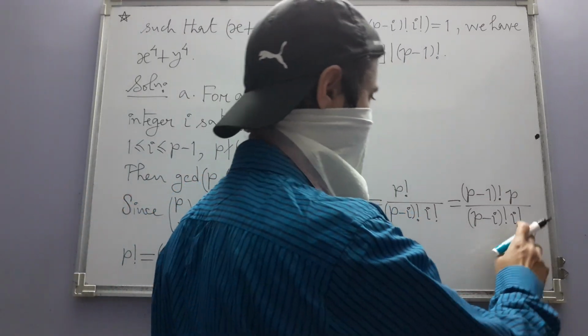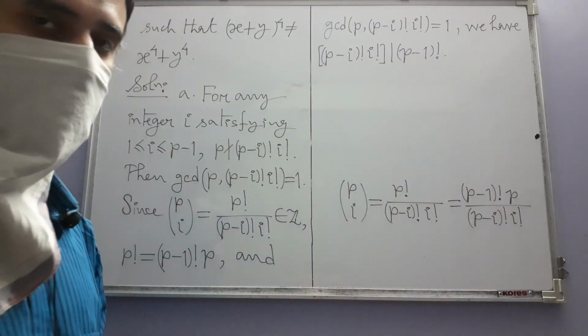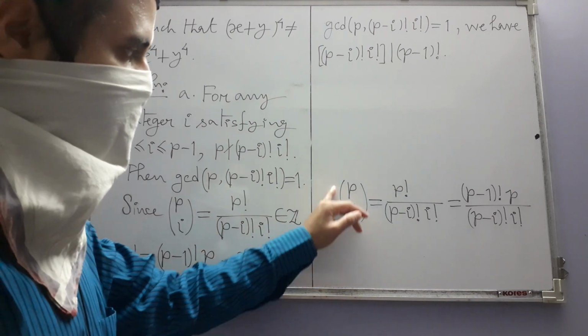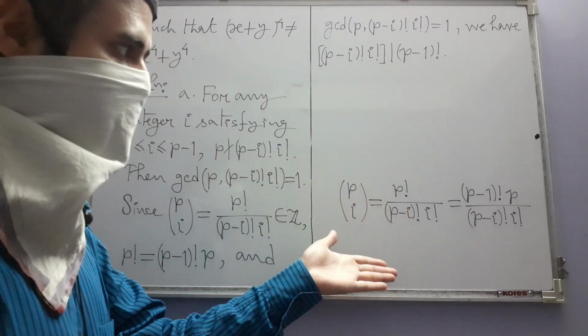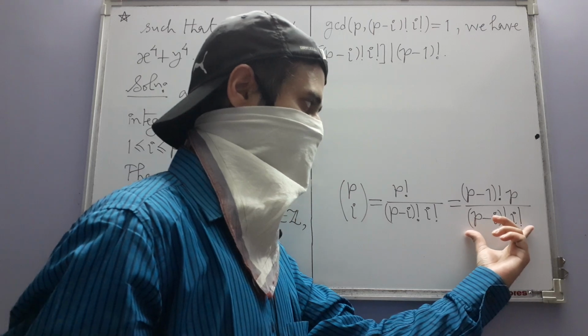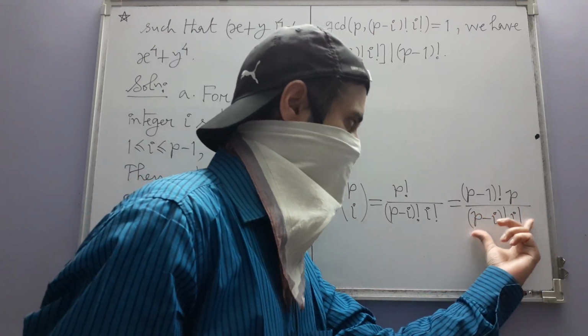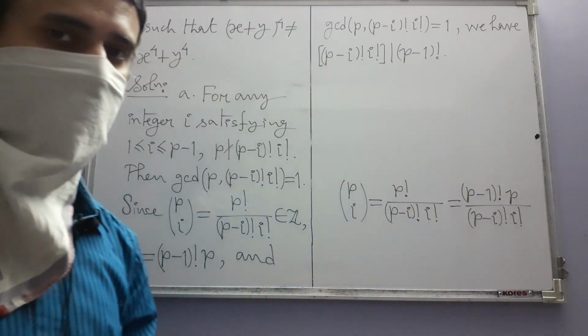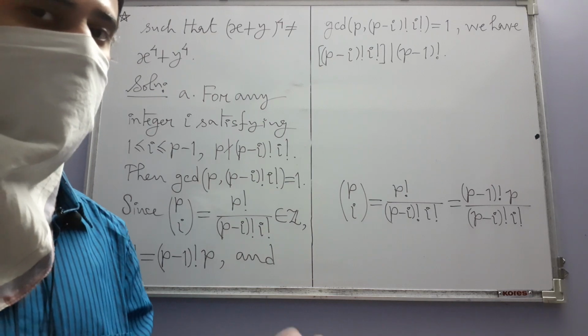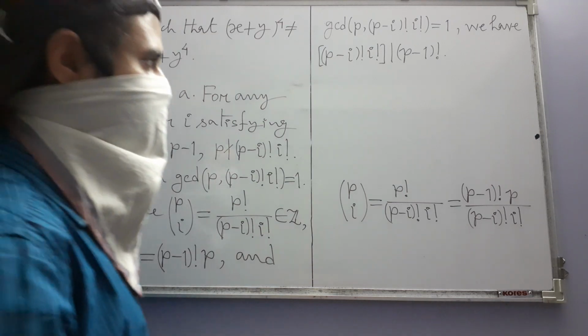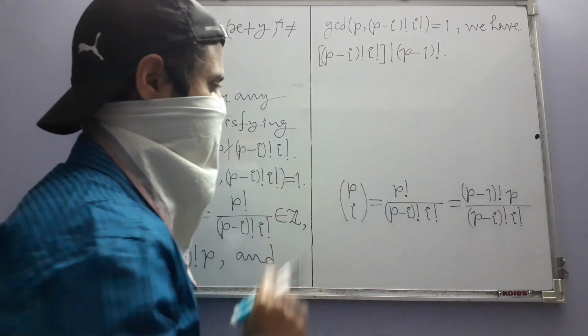So this cannot possibly divide P. So in order for this P choose I to be an integer, this has to divide the other factor, because otherwise it will be a fraction, right? So that's why this divides this.